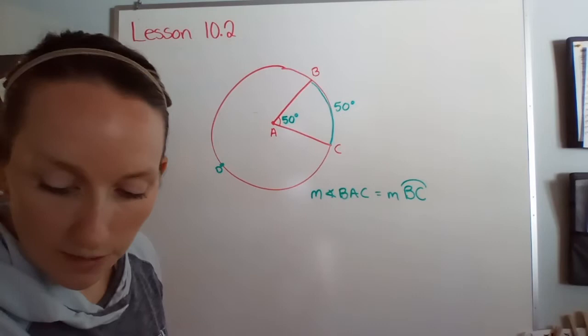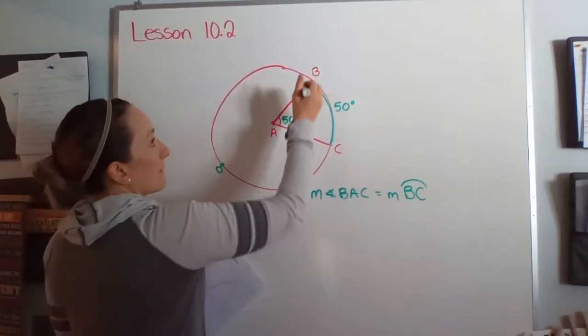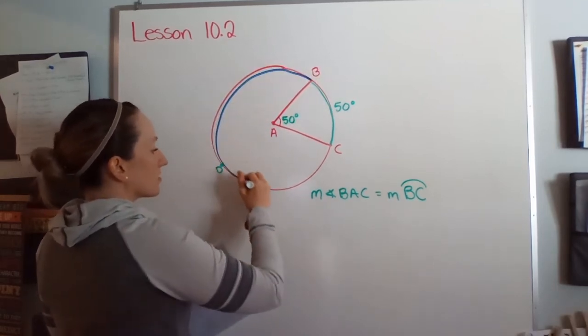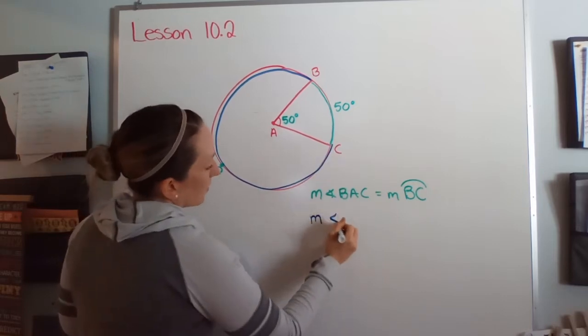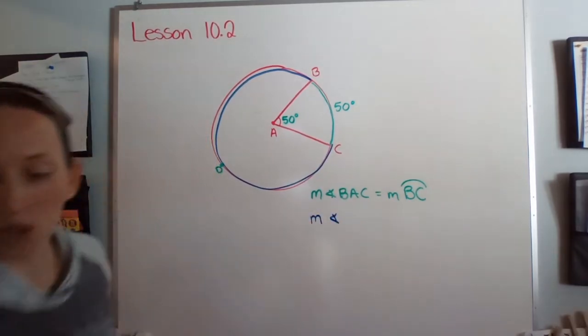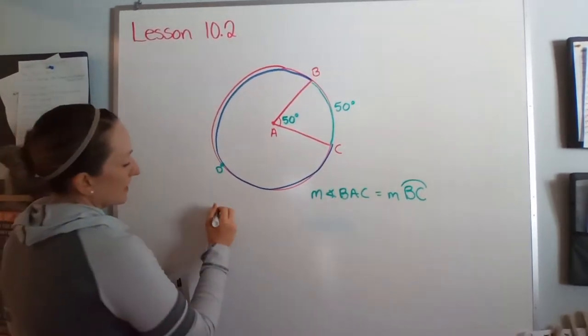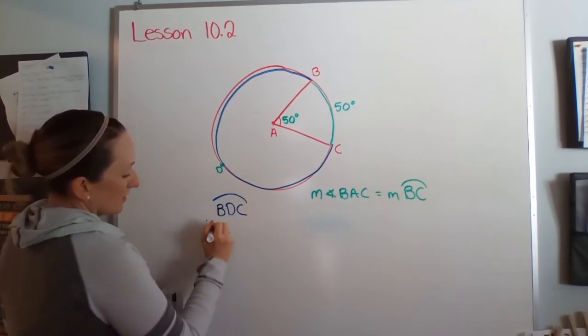So for this example, if we're looking at arc BDC, that's this arc right here, okay, let me first just talk about the arc itself. Okay, arc BDC is a major arc.